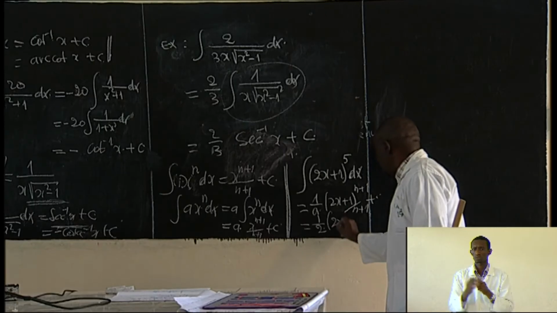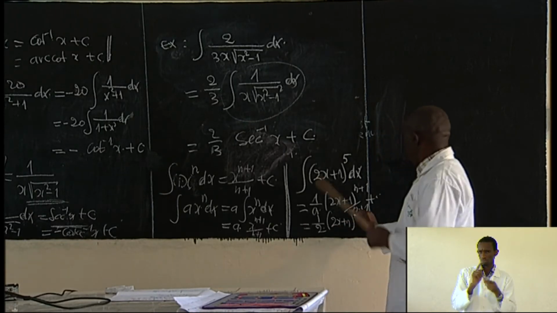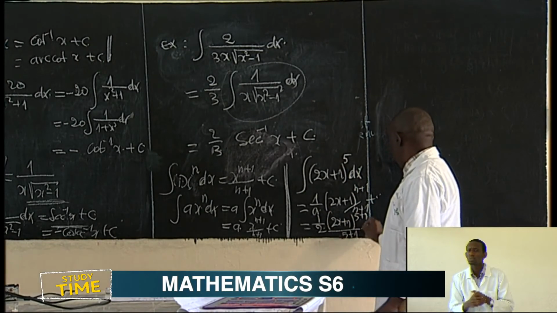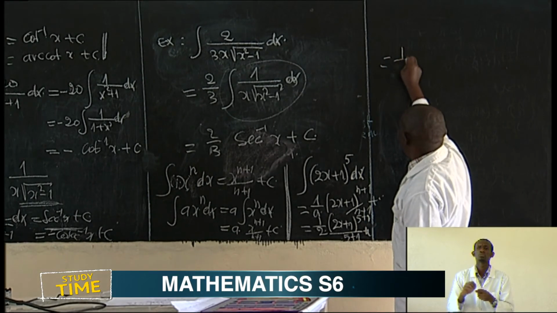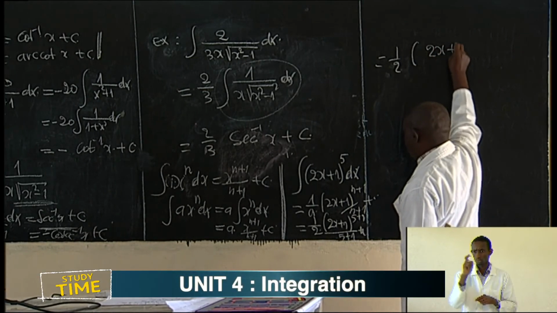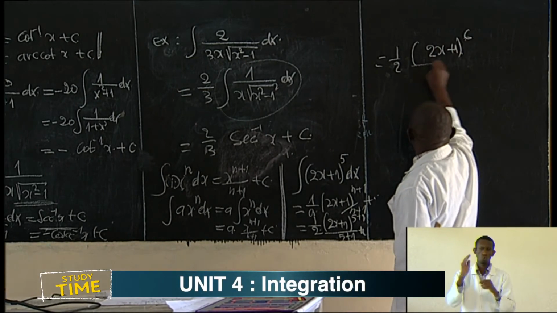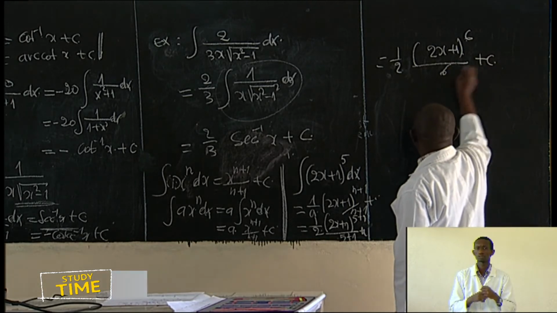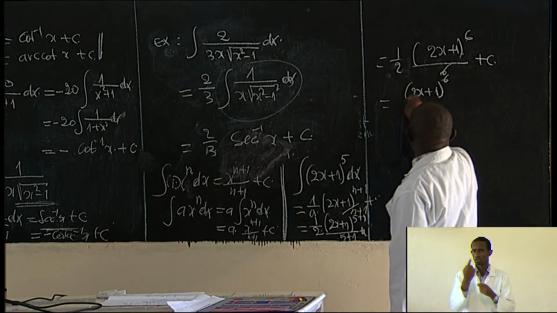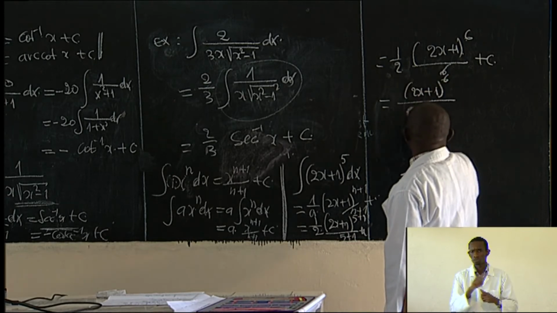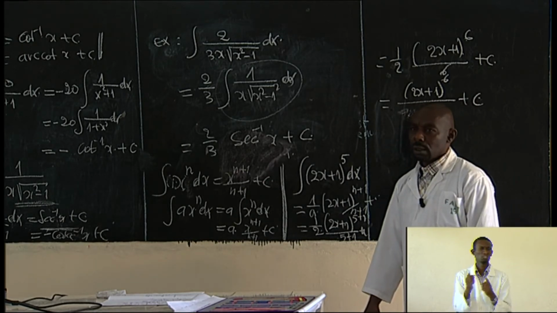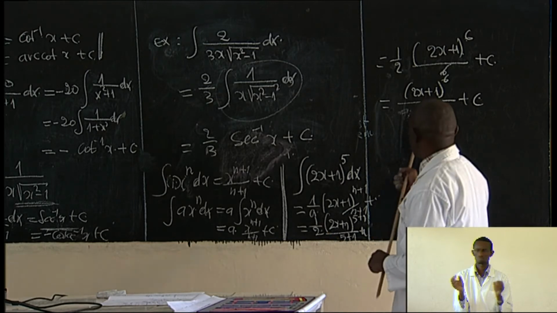Then 2x plus 1 power 5 plus 1 divided by 5 plus 1, then plus c. This means I have a half times 2x plus 1 power 6 divided by 6, then plus c. This is 2x plus 1 power 6 divided by 2 times 6, which is 12, then plus c. Is that difficult? Sure, it is very simple.